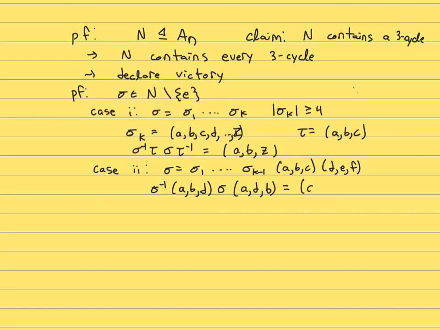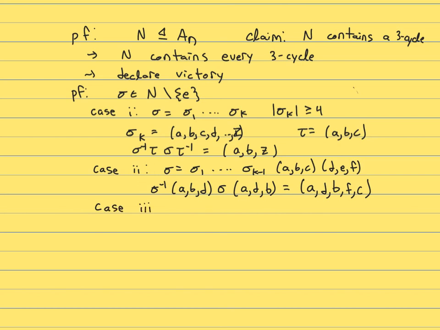Or correction, a 5-cycle. And lo and behold, that can be handled by the previous case. So you do this conjugation, you get a 5-cycle. Now do the conjugation from the previous case, and you get the 3-cycle. So congratulations, n has a 3-cycle.